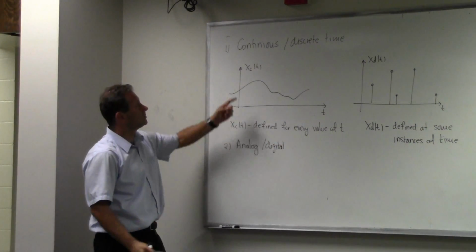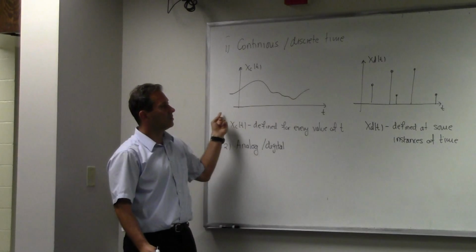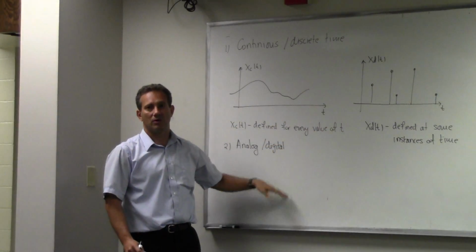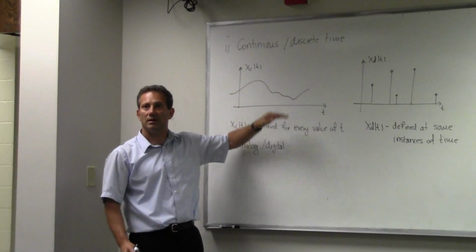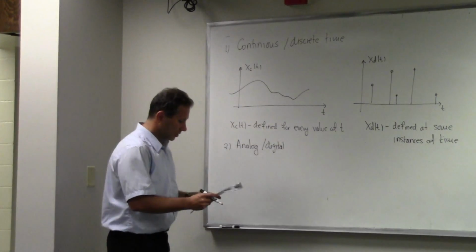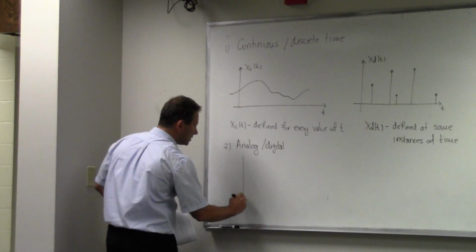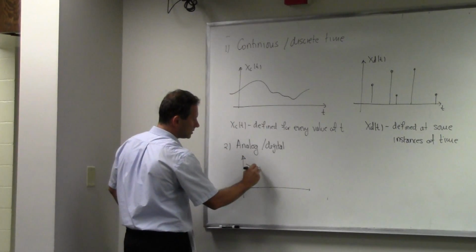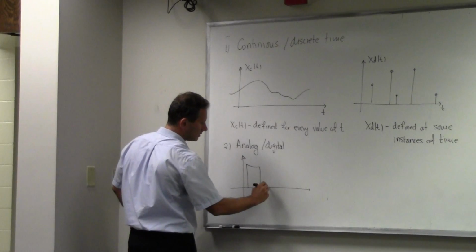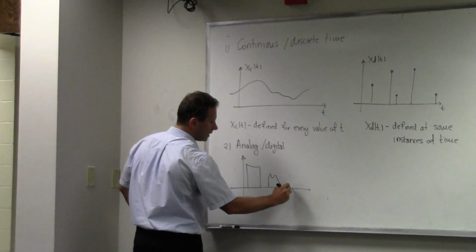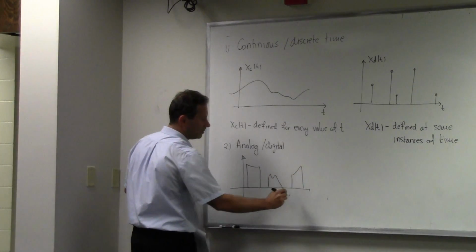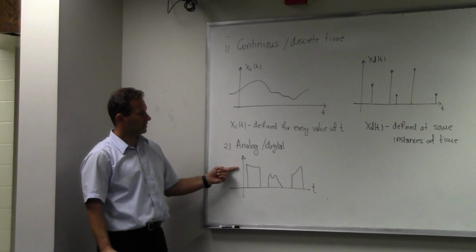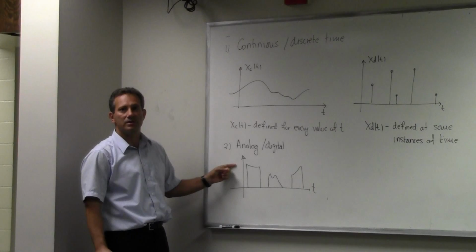Now let's look at analog versus digital. When it comes to continuous versus discrete, we're looking at the t-axis. When it comes to analog versus digital, we're looking at the y-axis. We're looking at the amplitude. So analog signals may look somewhat like this. Let's say this is an analog signal. And I deliberately drew it a little bit funny, just to point out the little nuances here.